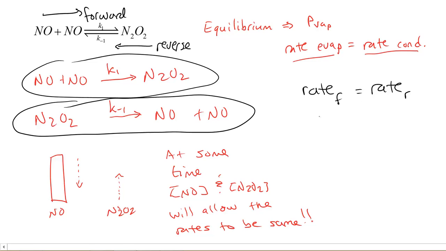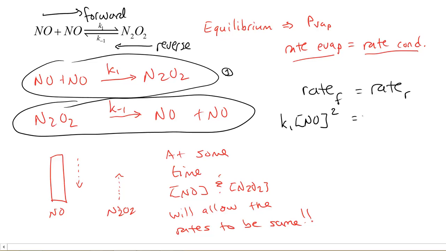How do I know that? They're in a mechanism, and every reaction in a mechanism is an elementary reaction. That being said, I can write from the stoichiometry exactly what's going on. So for step 1, the rate forward is going to be K1 times NO, and there's two NOs, so it's NO times NO, which just means NO squared.